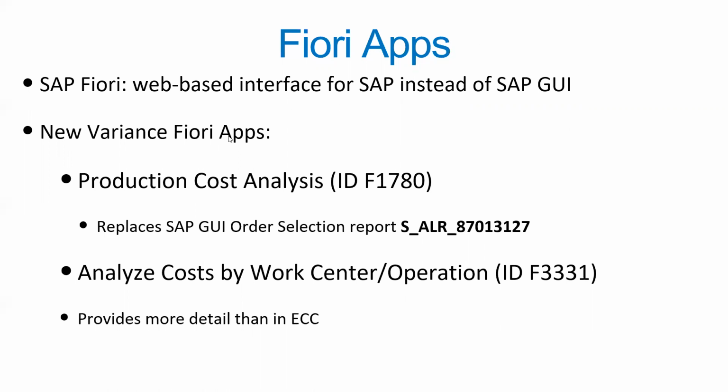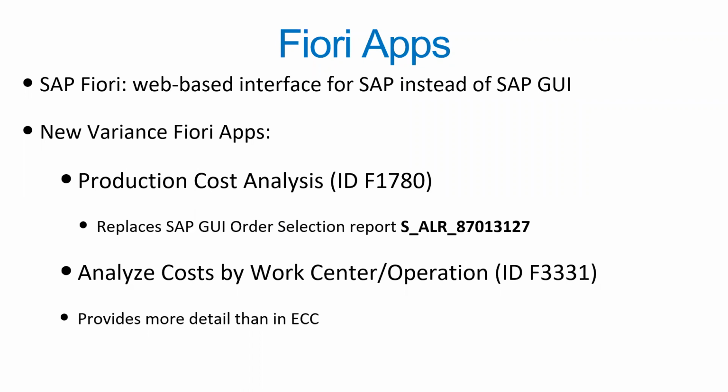And there's lots of Fiori apps, and I can't possibly describe them all, but I can tell you the two new Fiori apps that improve variance analysis a lot. The first one is production cost analysis. There's the identifier, and that's to replace the SAP GUI order selection reports.